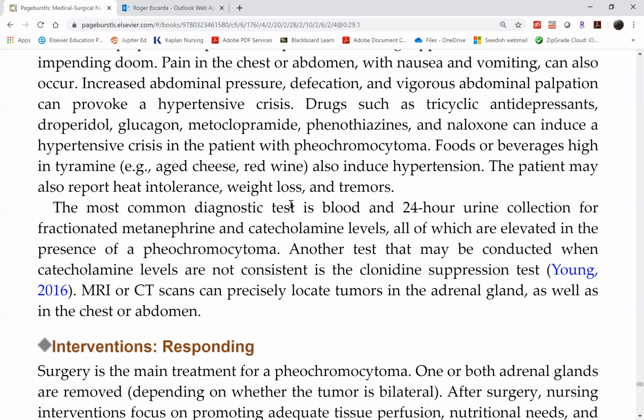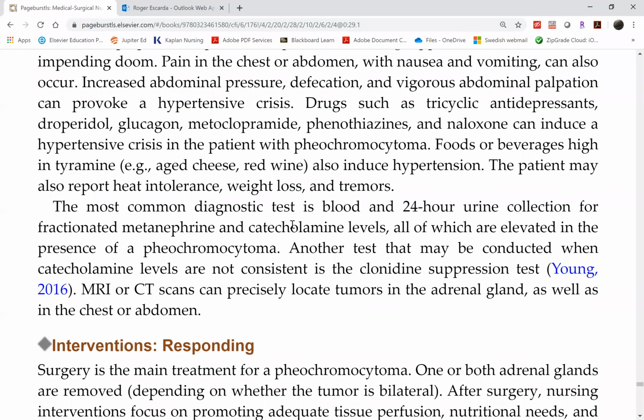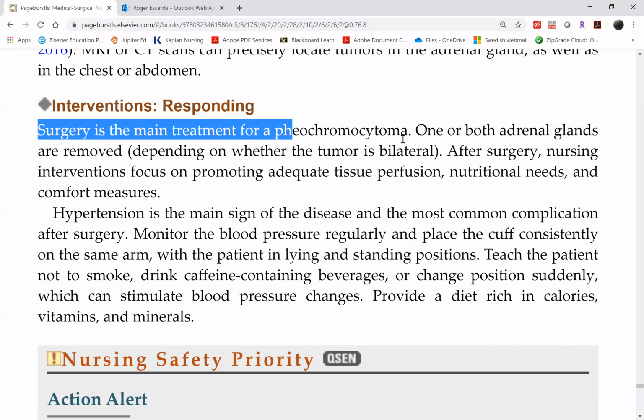So just like Cushing syndrome, how do we cure this? Surgery again. But until surgery is done, you just manage the patient's symptoms. Hypertension is your number one problem here, which can also lead to heart failure or even kidney failure.